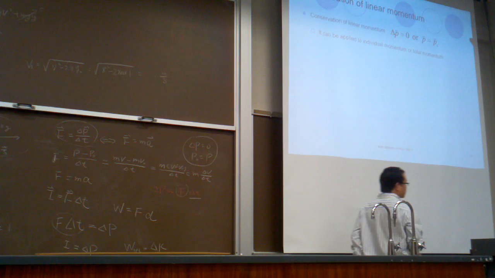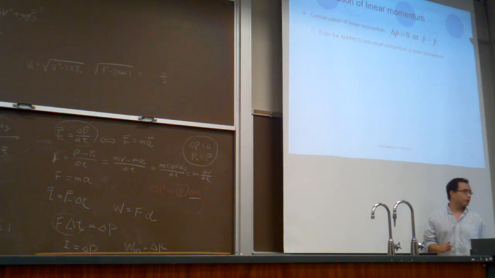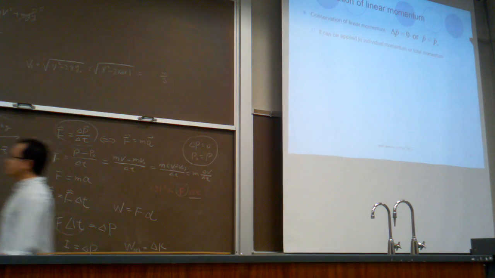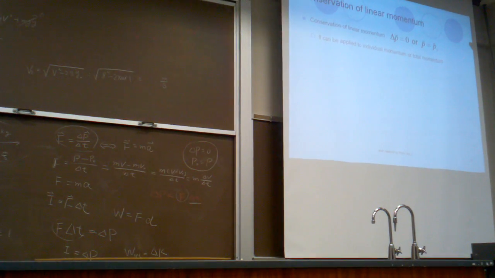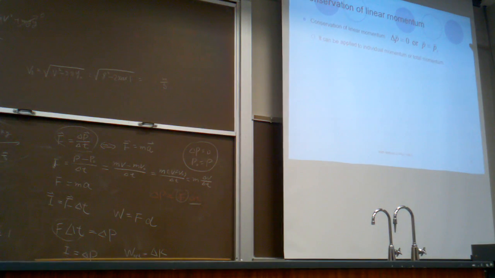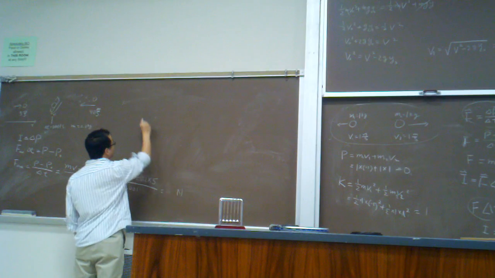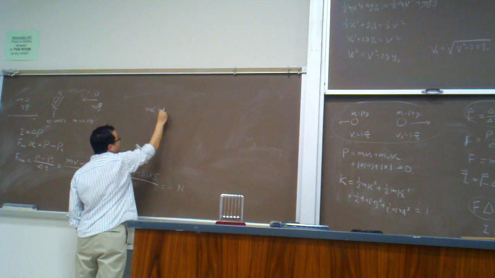This equation can be applied to either individual momentum or the total momentum. If you are considering an individual object, this is a trivial equation. Think about it: if the momentum is conserved for one object, the initial momentum is m v naught and the final momentum is m v.